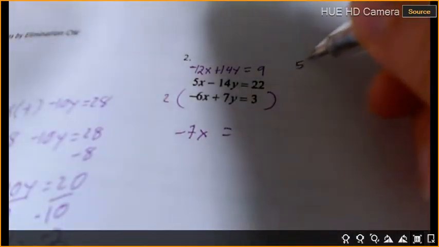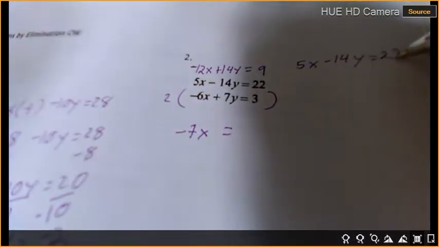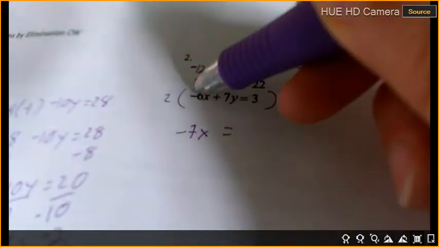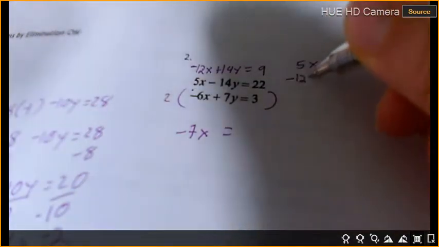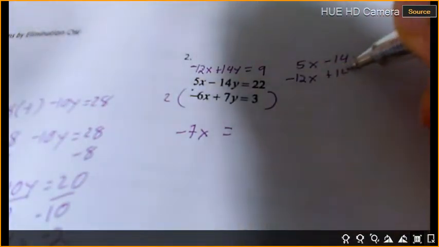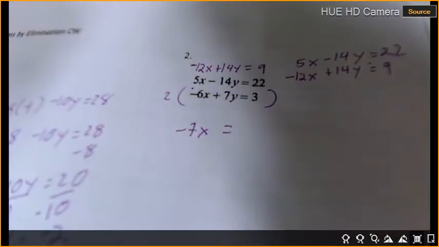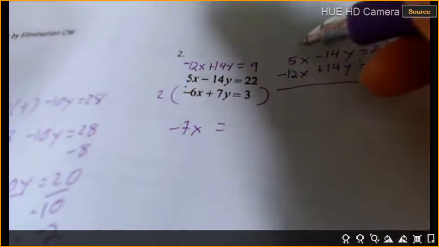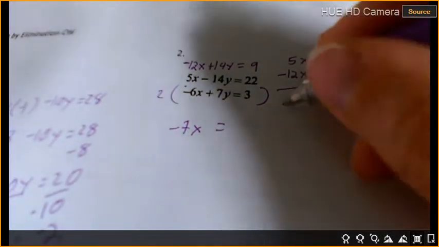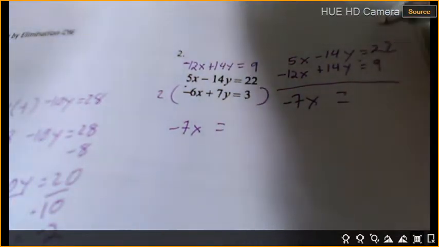So we get 5x minus 14y equals 22. I just rewrote that, okay? Right there. Now, I'm just multiplying this, and I get negative 12x plus 14y equals 9, right? Because I timesed all of those things by 2. Yeah, every single one. And then I'm just adding straight down. 5x minus 12x is negative 7x. 14's cancel out or equal 0.